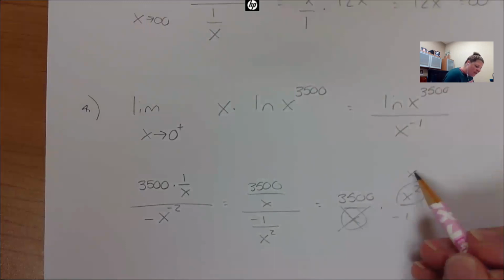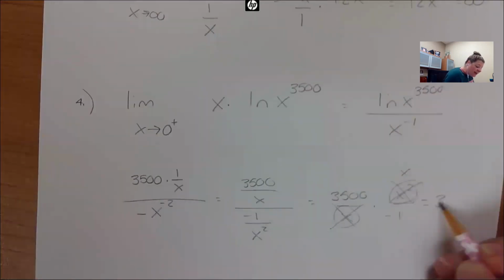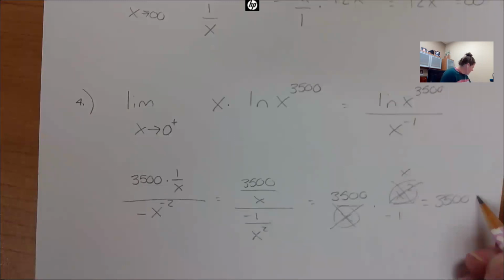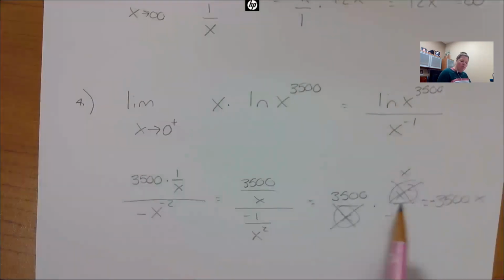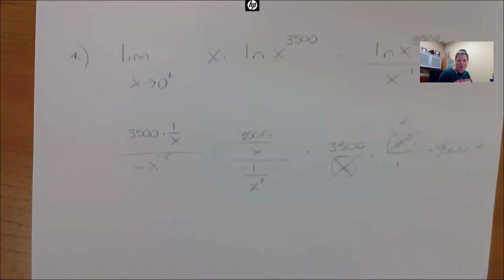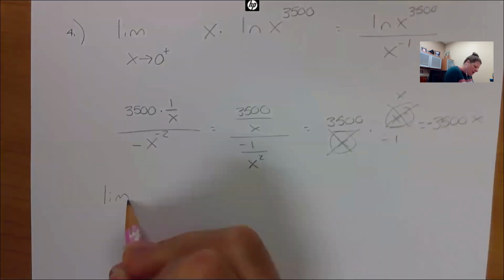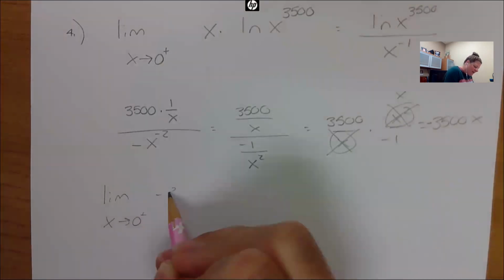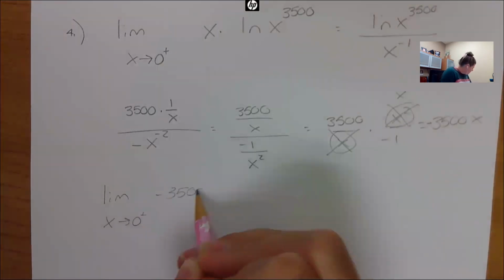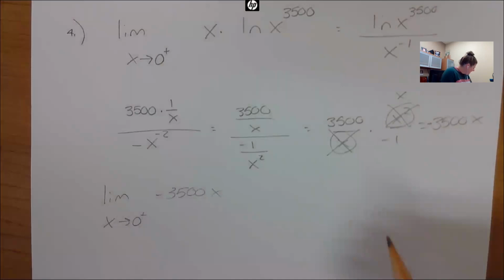So we're going to have 3,500x, and it's going to be negative in order to cover that negative 1 there. Okay, so that's where we're at. Now, if we do the limit as x approaches from the positive side of negative 3,500x, we're going to put in that 0 and get out 0.